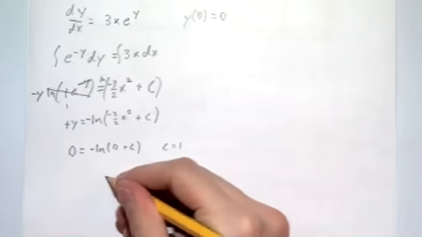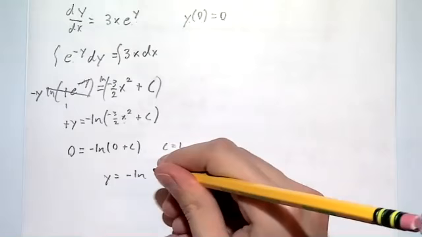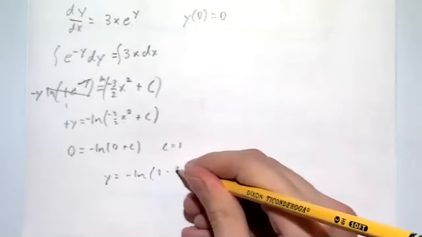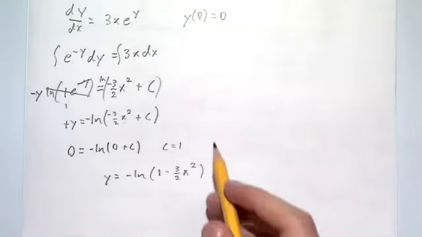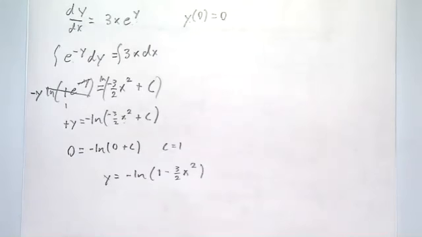So now we have y is equal to negative natural log of, so we can do 1 minus 3/2 x squared. I like to reorder it because I hate having negatives on the left. It's just a personal preference.